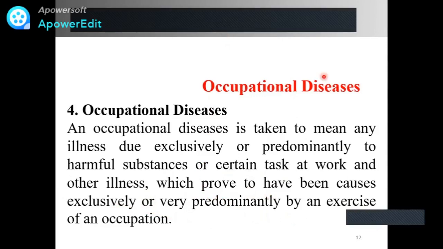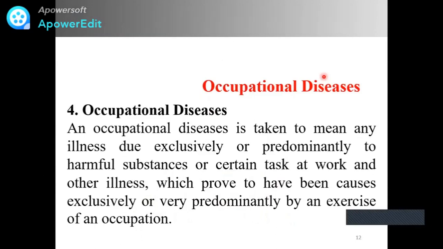It is clear there are different diseases in general society. But when we define occupational diseases, it means the main causes of the diseases are the organizational activity or the occupation.